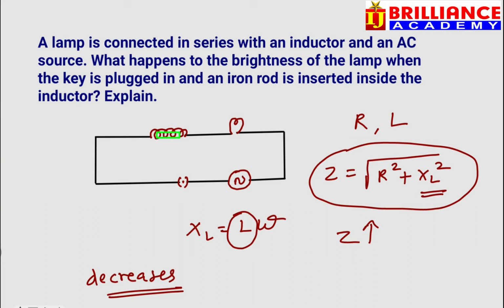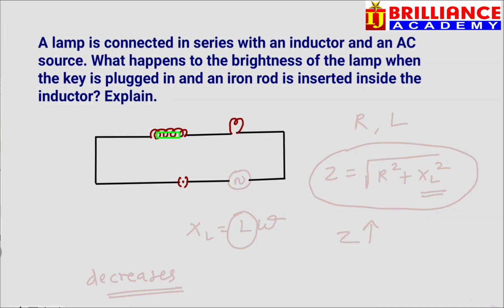When I introduce an iron core, because it has a mu r value, L will increase. So when L increases, XL increases. When XL increases, Z will increase. So the overall current from the supply decreases, and the bulb will glow with less brightness.